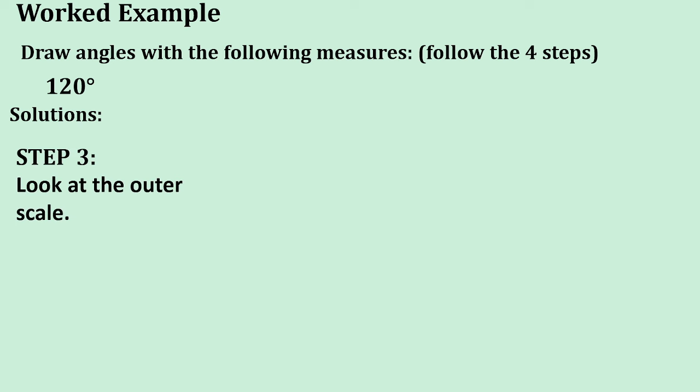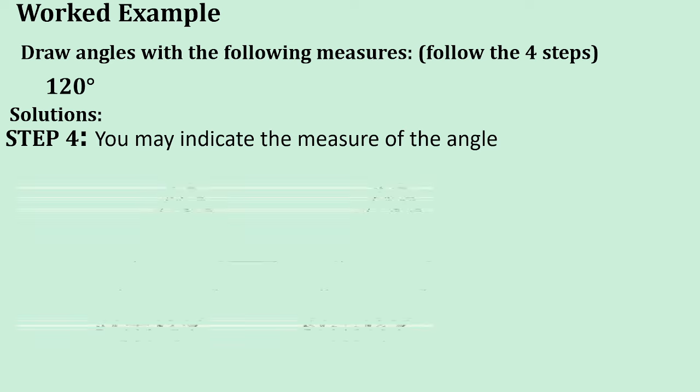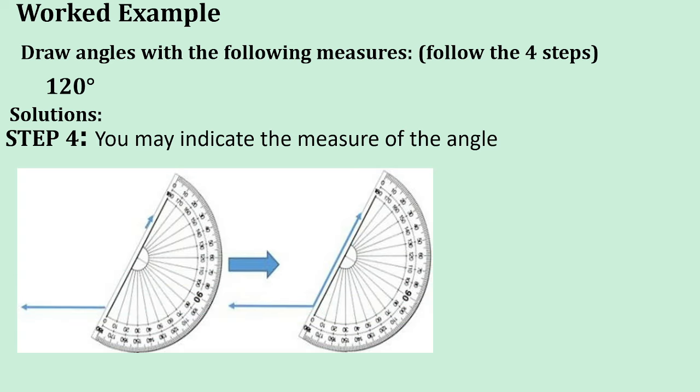Step 3. Look at the outer scale. Look for the 0 mark on the protractor, then mark 120 degrees along the edge. Step 4. You may indicate the measure of the angle.